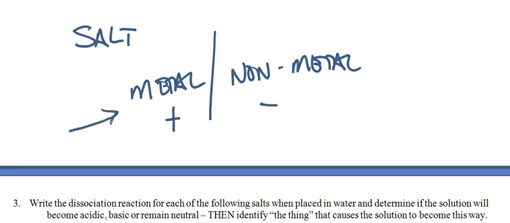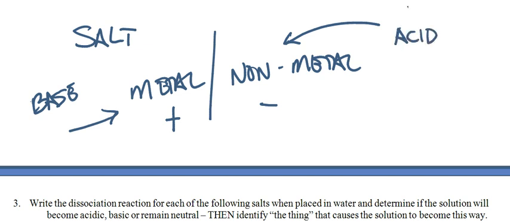This will be a conjugate of some kind of base. Okay? Notice how I'm saying that. A conjugate of some kind of base. Could be strong, could be weak. On this side, the non-metal will be a conjugate of some kind of acid. Okay? So put conjugate over here. So conjugate of some kind of acid. If it's a strong acid, man, we can cross that off. If it's a strong base over here, we can cross that off.